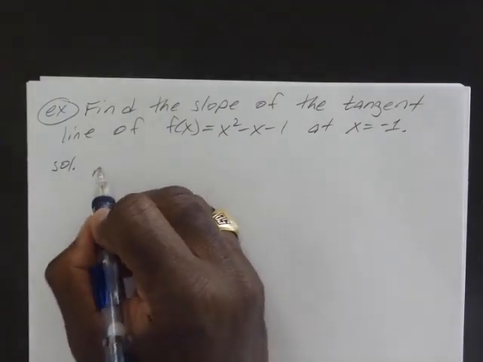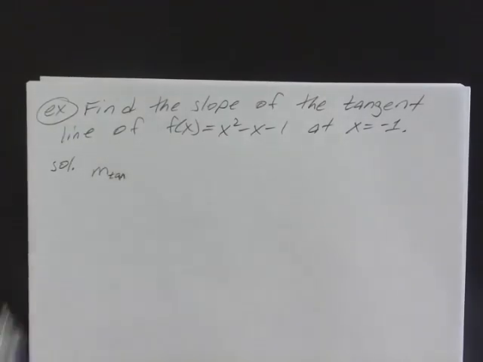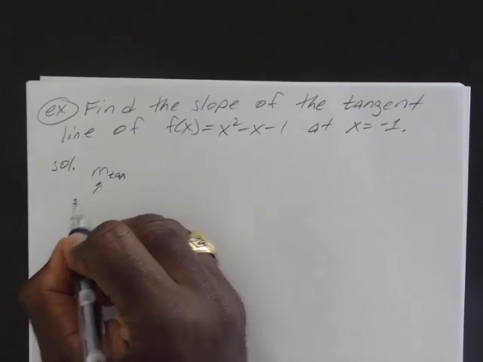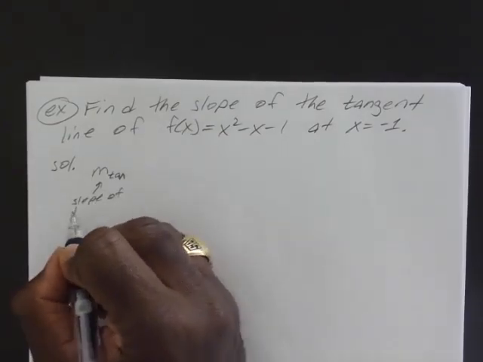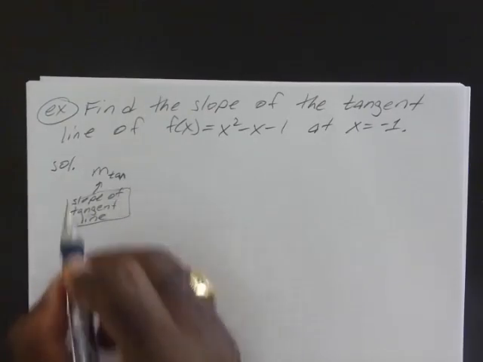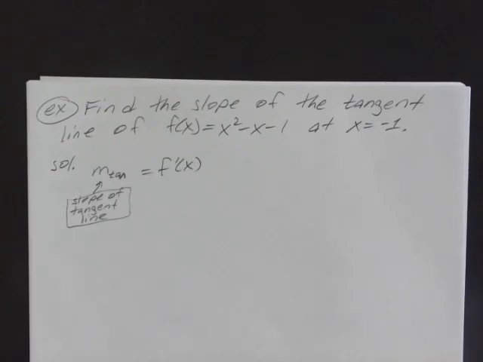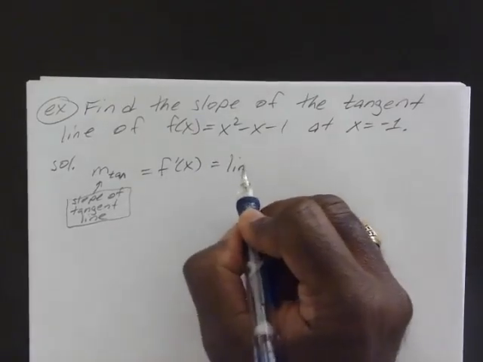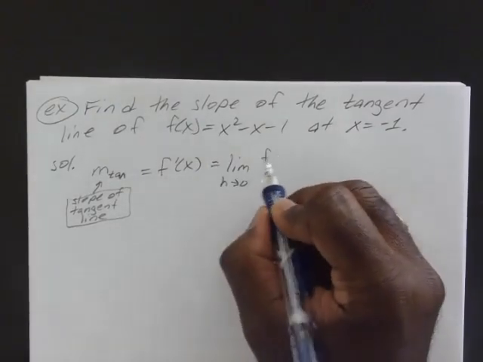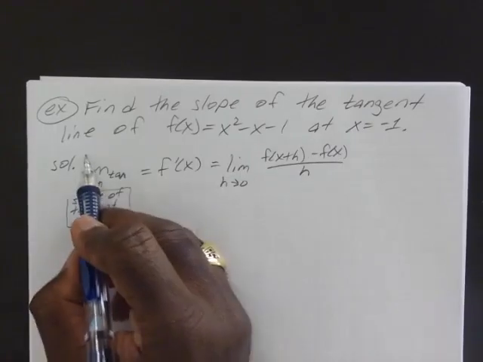Now your slope of the tangent line, which they note as just an m with tangent kind of subscripted, that's just your derivative, which is the limit as h approaches 0, f of x plus h minus f of x all over h.